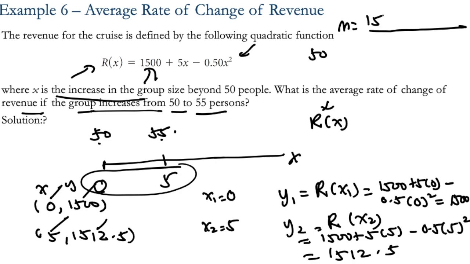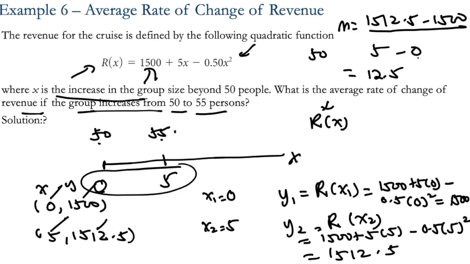So here, 1,512.5 minus 1,500, and 5 minus 0. So when you simplify it, it's equivalent to 12.5. Okay, so this is basically the answer.